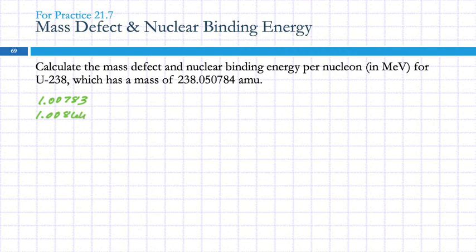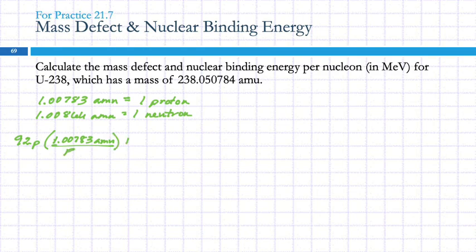So this is the mass of one proton, and this is the mass of one neutron. How many protons does uranium-238 have? 92. So we've got 92 protons times 1.00783 atomic mass units per proton.